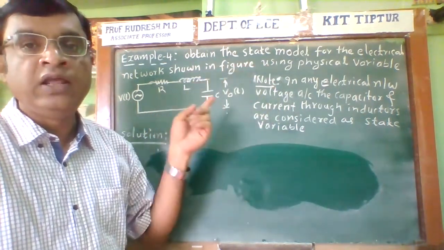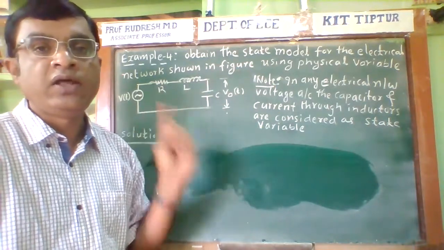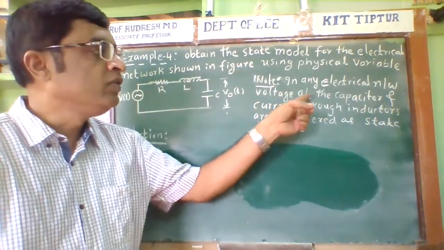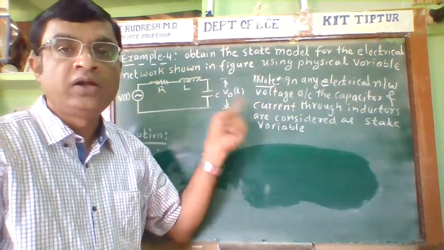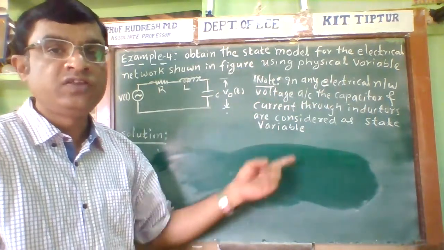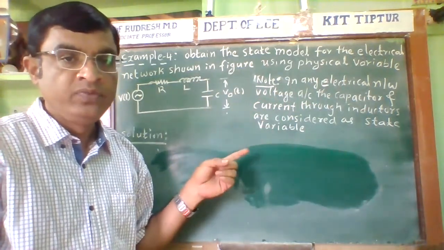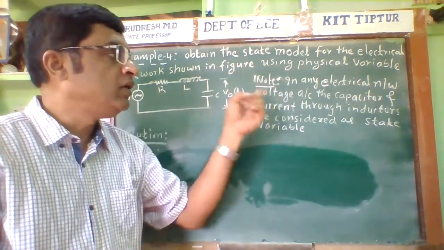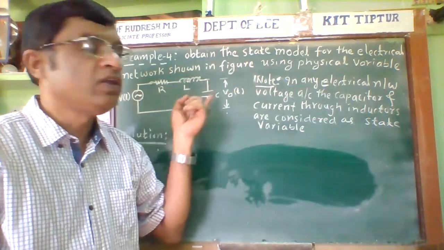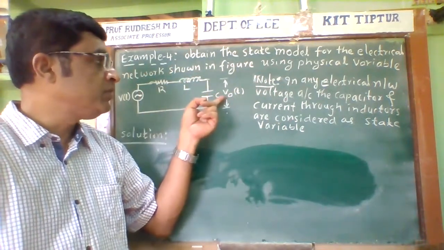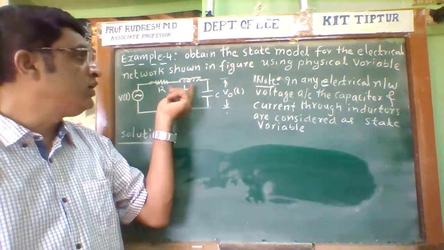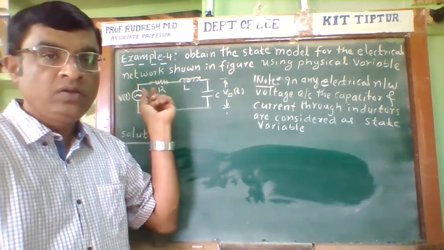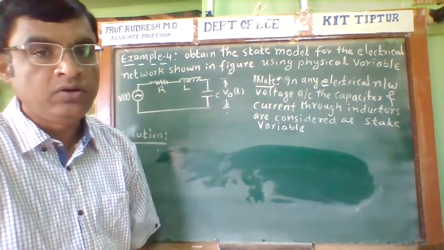In any electrical network, the voltage across the capacitor and the current through the inductor are considered as state variables. We should remember this.